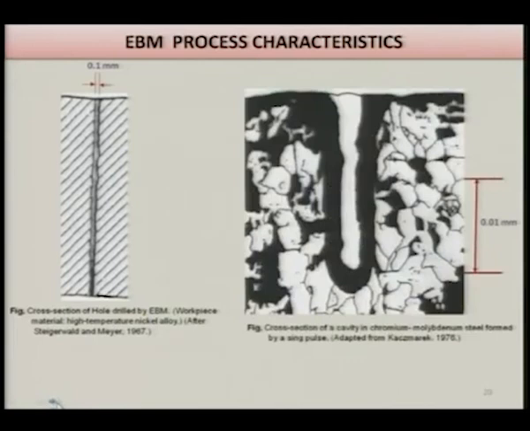Here again this is the heat affected zone, and this is the hole diameter, and again some heat affected zone, and this is the cross section of the hole that has been drilled. You can see the scale is given there, so one can find out the depth of the hole, the diameter of the hole, and the size of the heat affected zone.